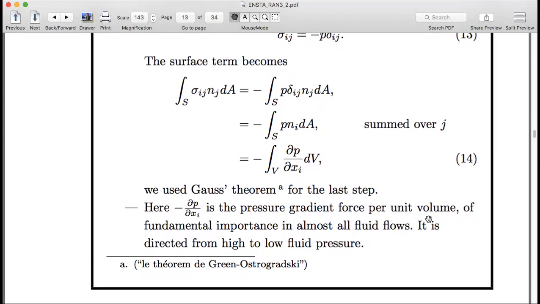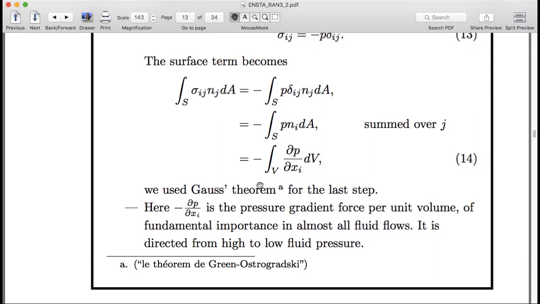So if I have high pressure at one point and low pressure at another point, I expect the fluid in between to feel a force directed from high pressure to low pressure, so in that direction.